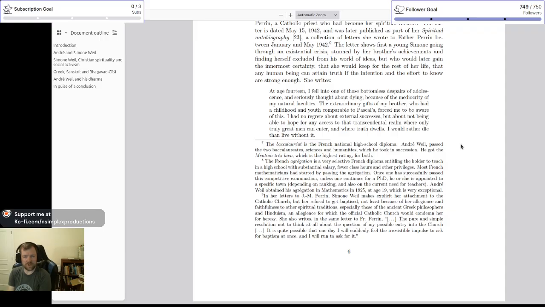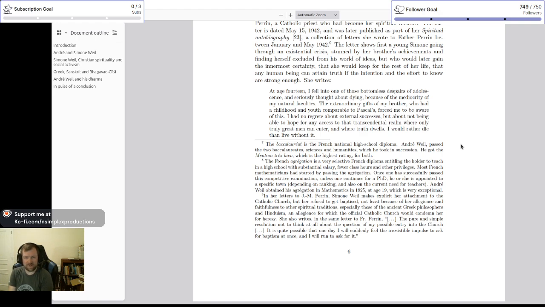Most French mathematicians had started by passing the agrégation. Once one has successfully passed this competitive examination, unless one continues for a PhD, he or she is appointed to a specific town, depending on ranking, and also on the current need for teachers. Weil obtained his agrégation in 1925 at age 19, which is very exceptional.